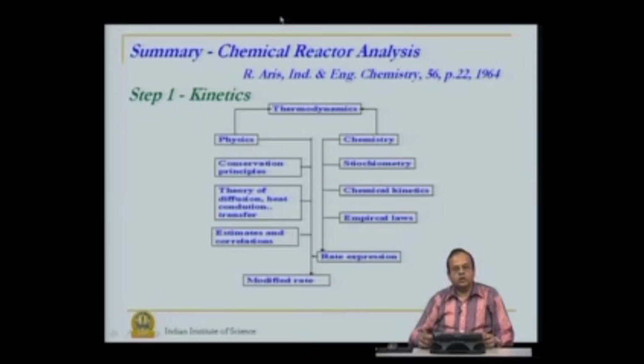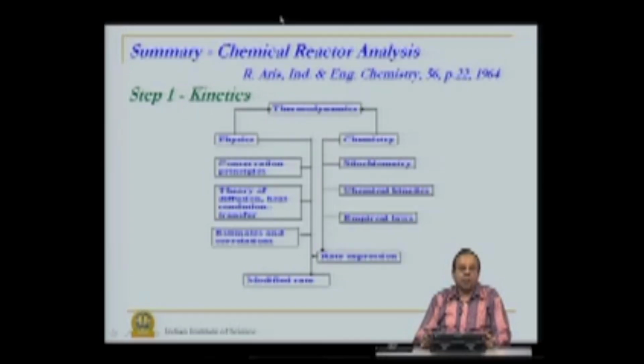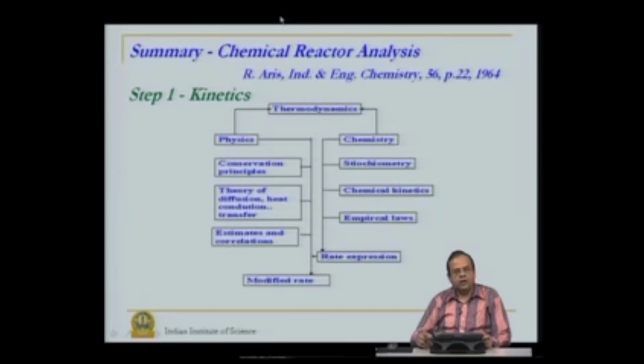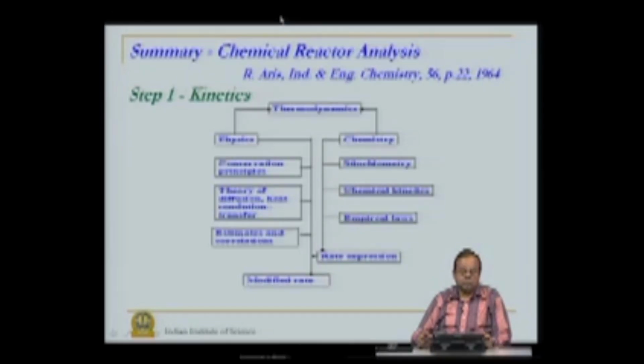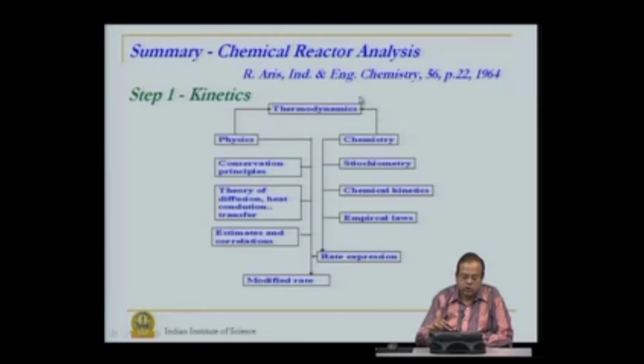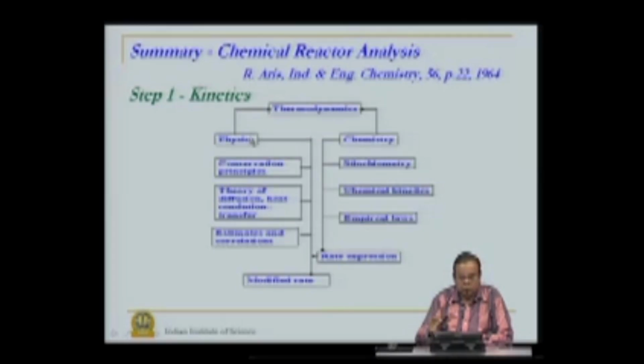Now, I will conclude today's class by giving you a brief overview of how we analyze chemical reactors. This classic framework was given by Aris way back in the 1960s, the mid-60s, and it is very much applicable even today. So, we study chemical reactors at two levels. Step 1 is the kinetics of the process, and here we use thermodynamic information; both the chemistry as well as the physics of the problem are important.